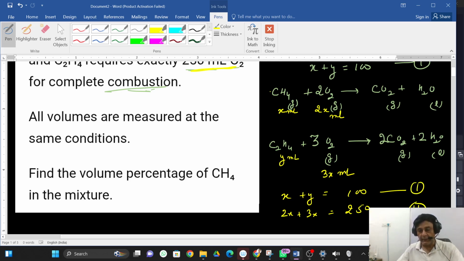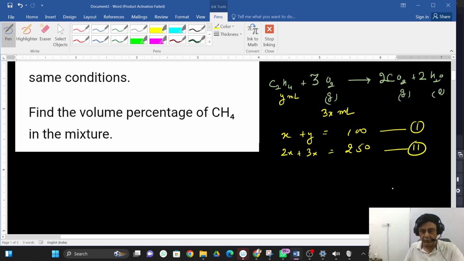It is a two-variable equation with two variables. Solving this, I multiply the first equation by 2, so we get 2X plus 2Y is equal to 200. The second equation is 2X plus 3Y is equal to 250.